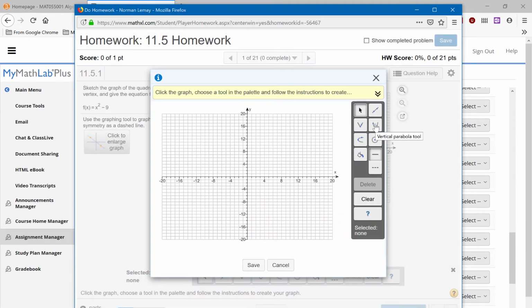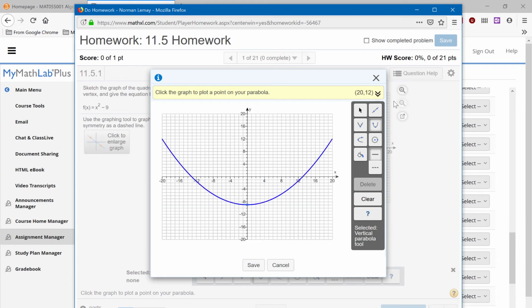So here is our parabola. So we know that we're just going to take the graph of x squared and we are going to shift it down. And again, I would encourage you, notice up here in the upper right these coordinates. So right here is 0, -9. So I'm going to go ahead and click there, and here we have to be kind of creative here.